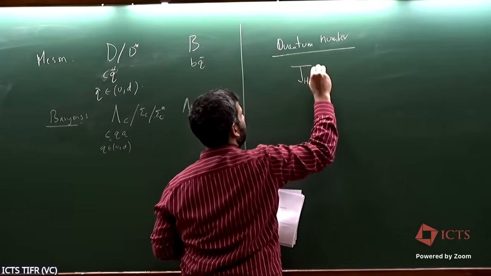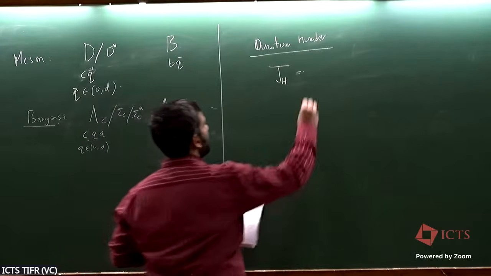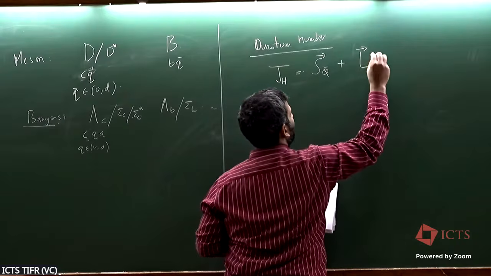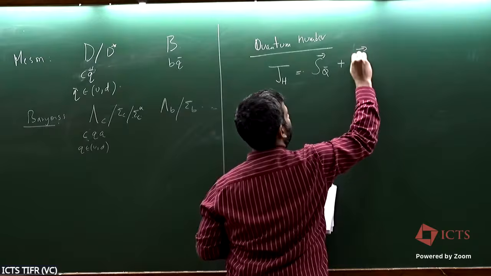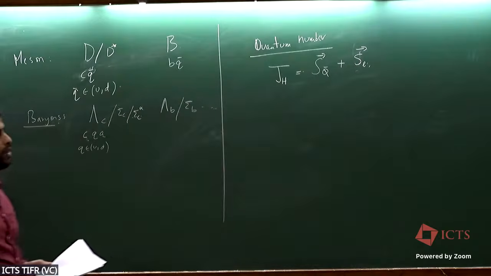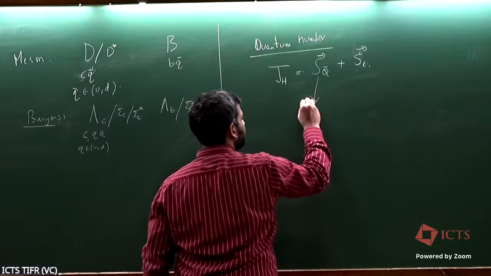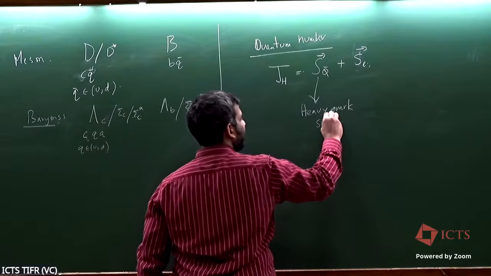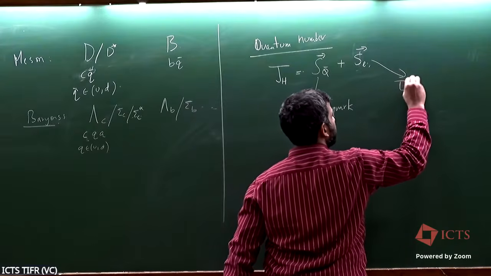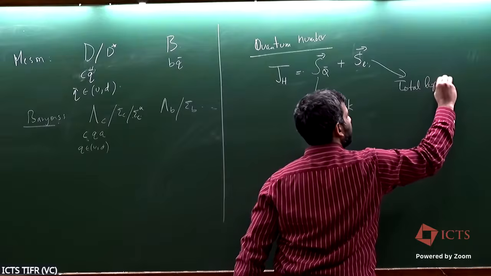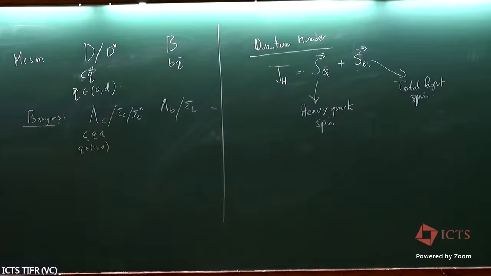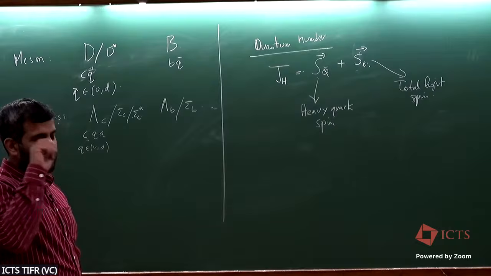I will write it as J_H, and this would be basically my heavy quark spin S_Q plus S_L. This is my heavy quark spin, and this is my total light spin. I do not differentiate whether there are 2, 3 or 4 light quarks. I just want to write a total angular momentum for the total light spin.